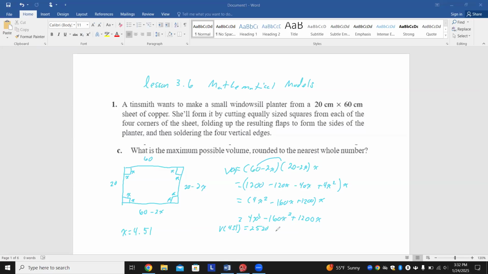And because this is a word problem, it'd be centimeters cubed. So the maximum is to cut out 4.5 centimeters here, then weld them back up and fold them, and then we have a maximum of 2520. So a calculator definitely helps you solve this type of problem.